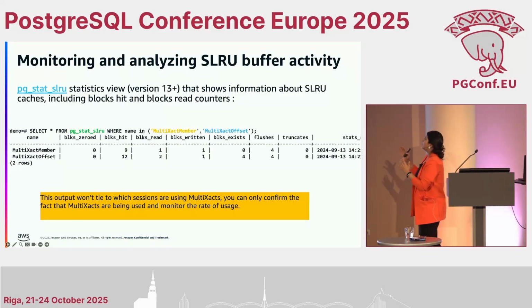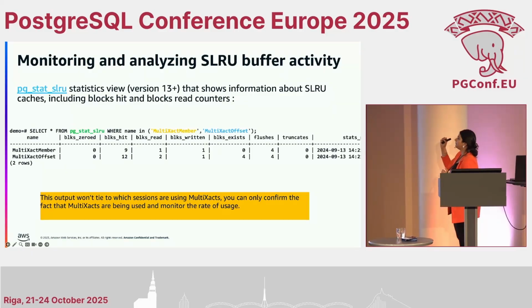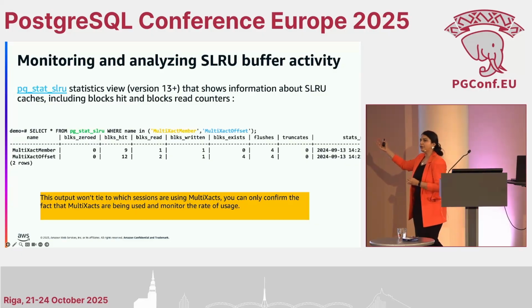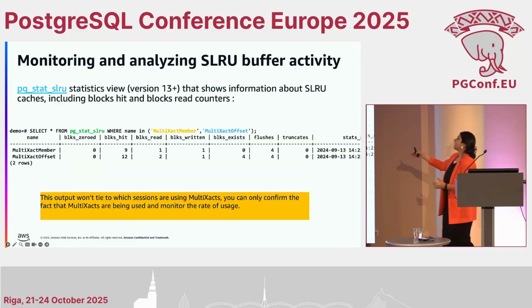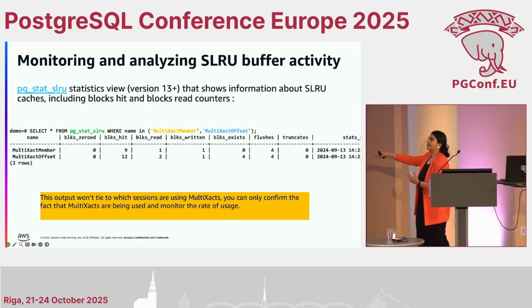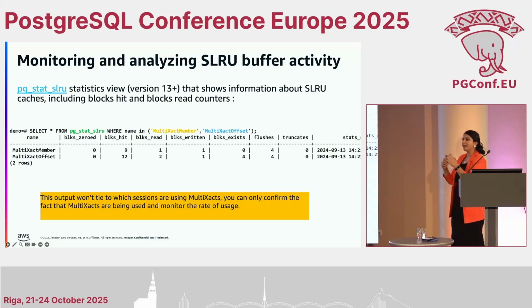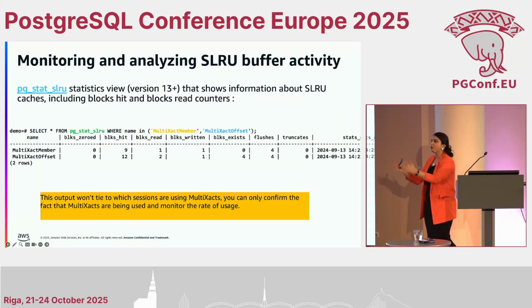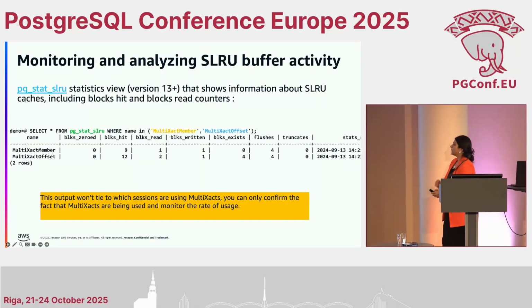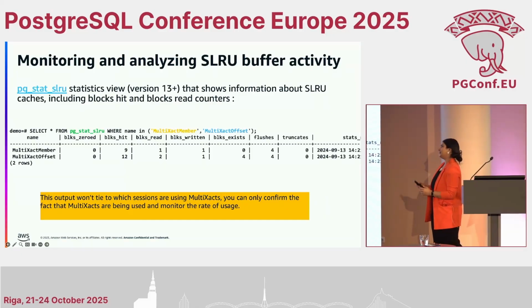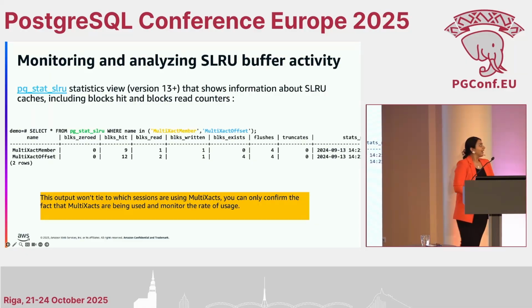So coming back, if we want to monitor and analyze, you can also do it through the pg_stat_slru view, right? That view shows how your SLRUs are being used. SLRUs are not used just for multi-exacts, but that view can show information about multi-exact usage, both for multi-exact member and multi-exact offset.